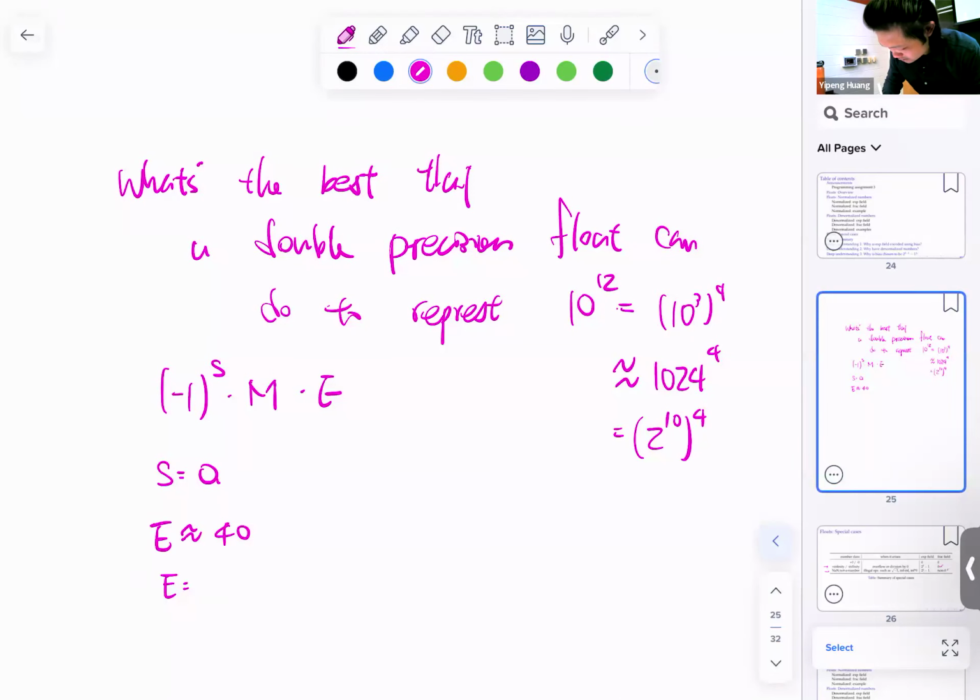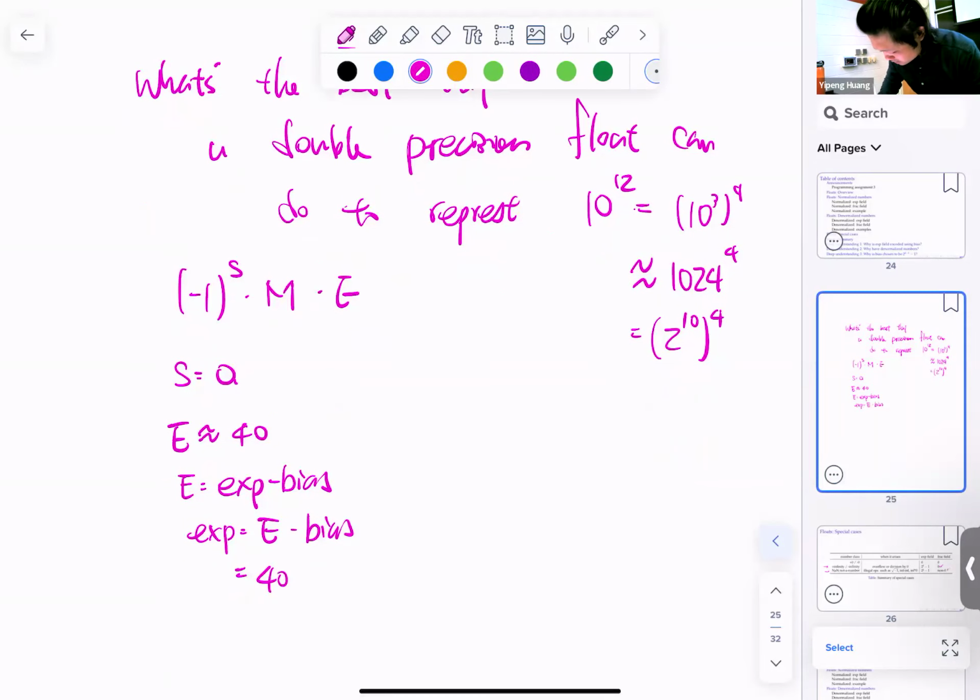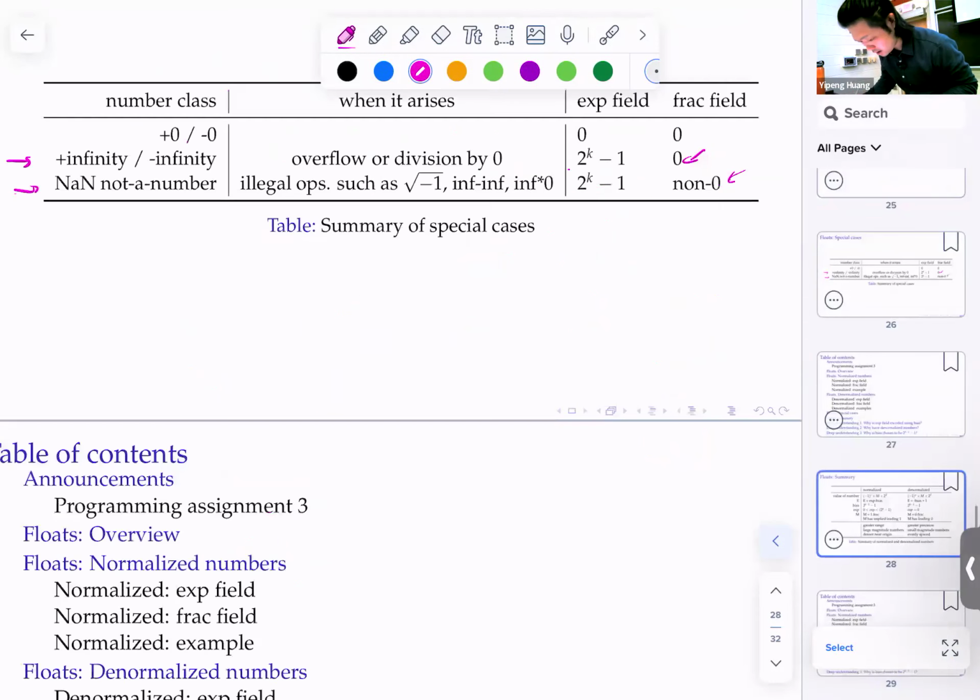E equals EXP minus bias. And the unknown this time is I don't know what EXP is, but I know what E should be, and I know what bias is going to be. So E is the 40 we want to encode. And what is bias in this case? What is K, the number of EXP field bits for the double precision format? Well, we can refer back. I think I have a summary here.